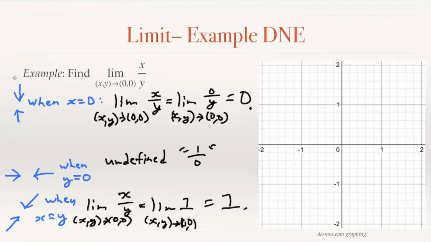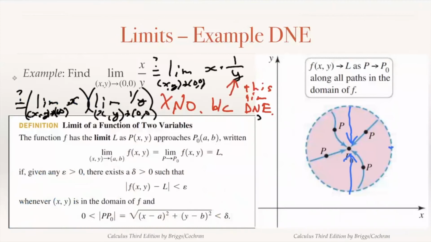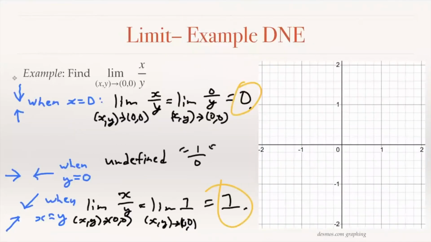So look at this. We get two different answers depending upon which path we use to approach the limit. So that's what we mean by these different paths here. And for the limit to be defined, we have to get the same answer along every path.